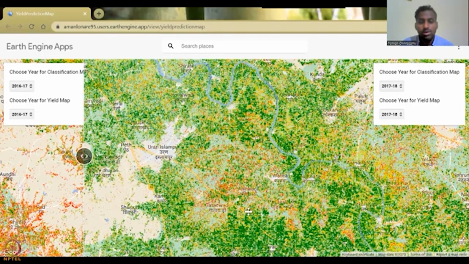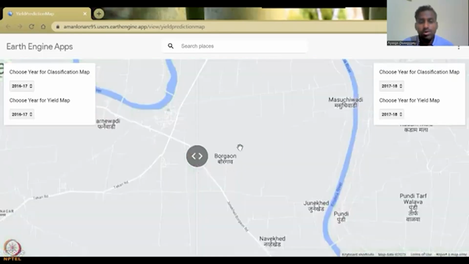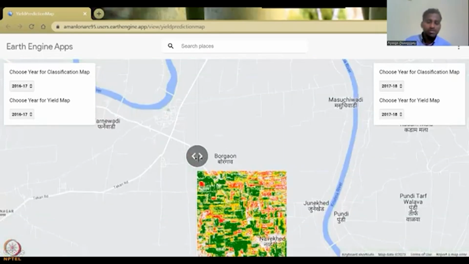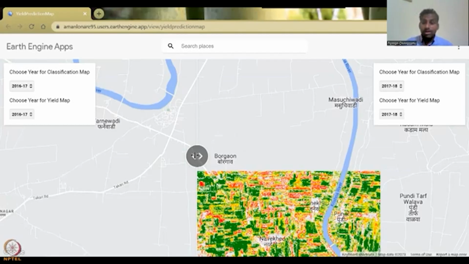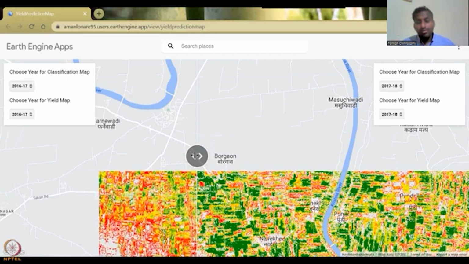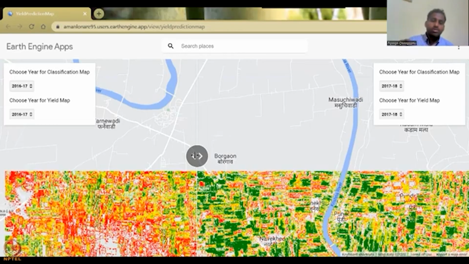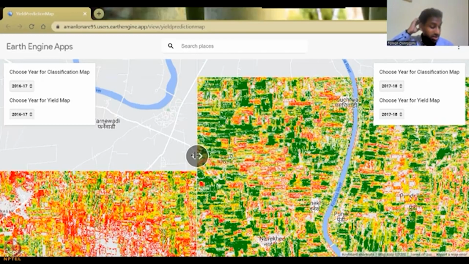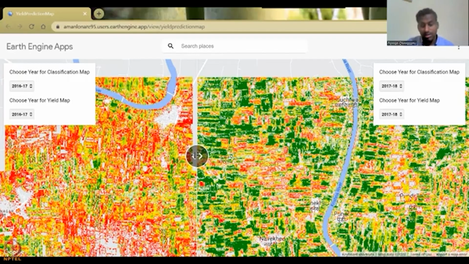Okay, so you can zoom in to Burgaon. I'll just give it a minute. This is running behind in real time, because all the data was downloaded in this Google Earth Engine or given links. For example, if you want this to be run on Sentinel-2A data, then you just write a code on the dashboard and link it so that it pulls the data from Sentinel and then maps it.